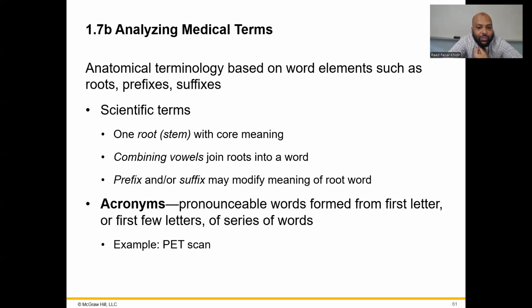Combining vowels join roots into a word, and prefix and suffix may modify the meaning of the root word. So the acronym is pronounceable words formed from the first letter or first few letters of a series of words, like a PET scan, positron emission tomography. So that's an acronym.